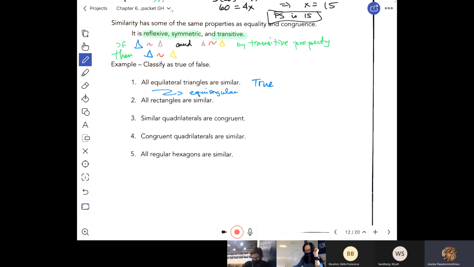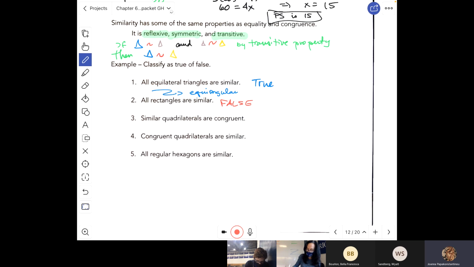If you change the length, you don't have to change the width. So this is false, right? Because the corresponding parts would have to have the same scale factor. So if you change one, do you have to change the other? If you change the length in an equilateral triangle, you are changing the angles.